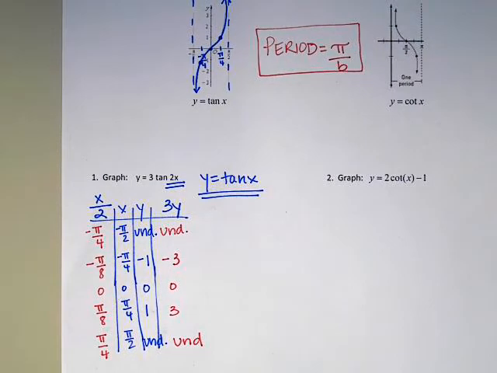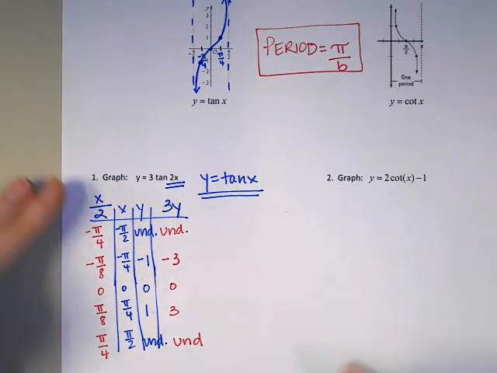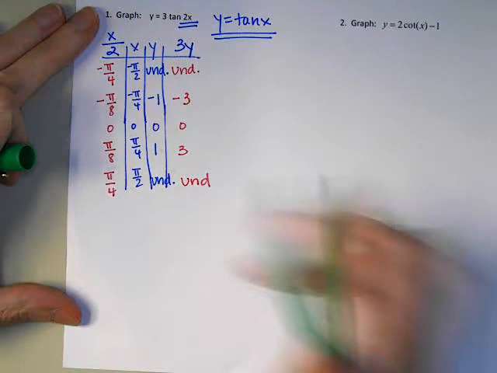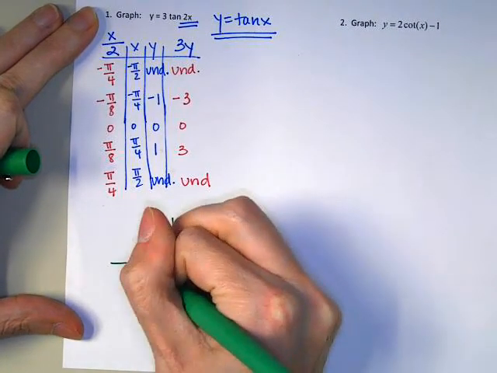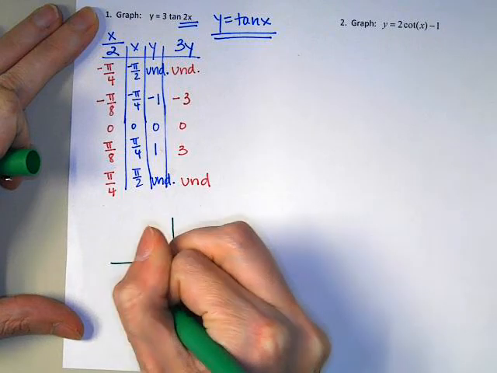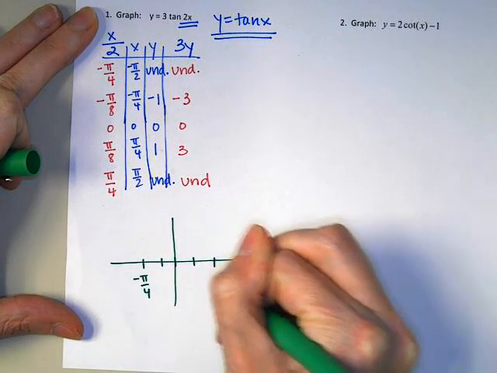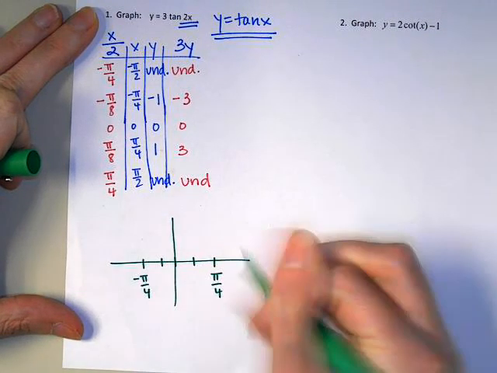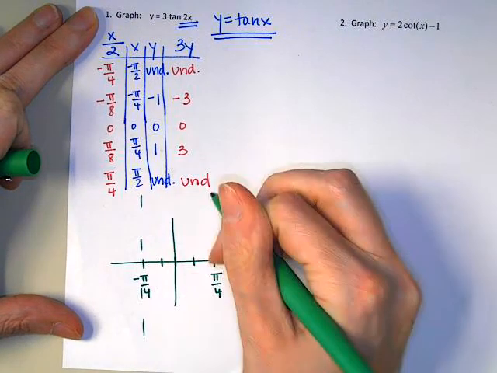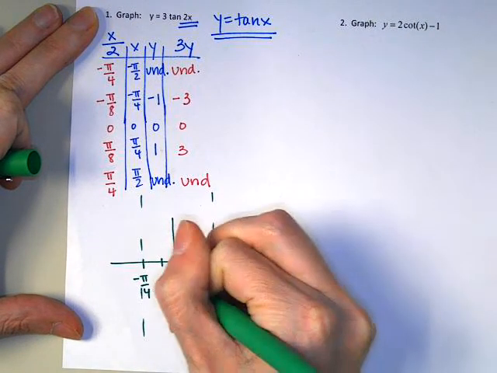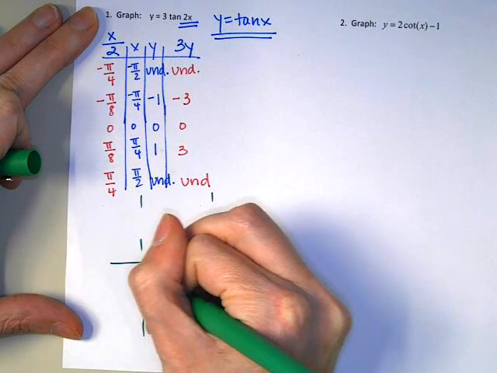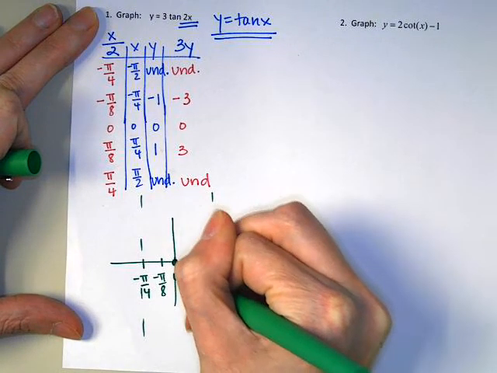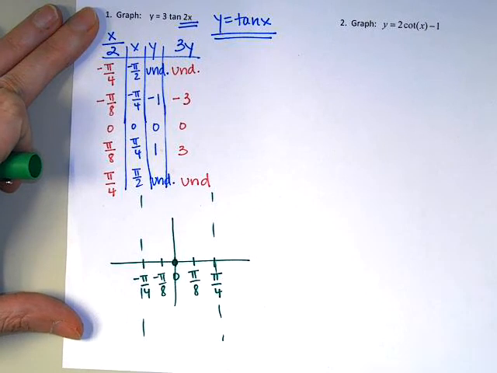Okay, now let's sketch our graph. So we have negative pi over 4 and positive pi over 4 as the asymptotes now. At 0, we're still at 0. And then at negative pi over 8 and positive pi over 8, let's see.